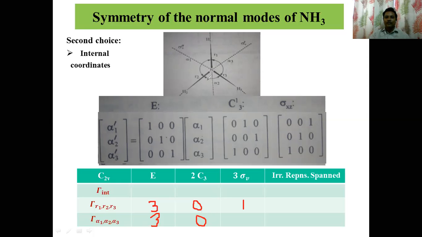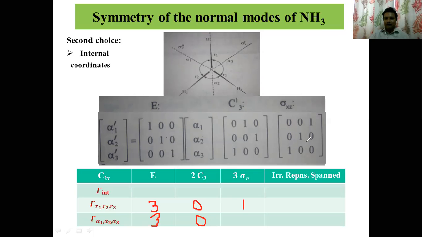Now if I go for xz, then what you will realize is that alpha 1 and alpha 3 are interchanging. That means alpha 1 will be written in terms of alpha 3, and alpha 3 will be written in terms of alpha 1, but alpha 2 remains unchanged.